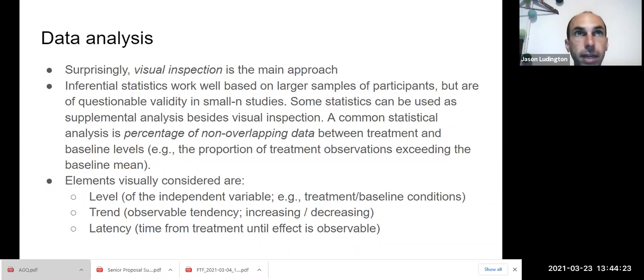If we have one independent variable, there are different levels of the independent variable. There may be only two levels, there may be three levels. It's up to us how we operationalize the independent variable in our study.